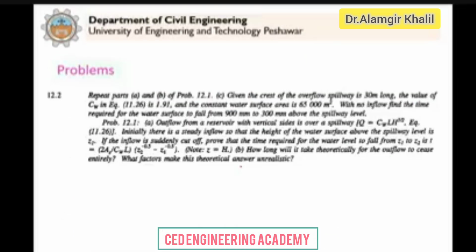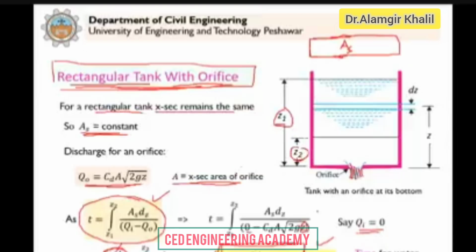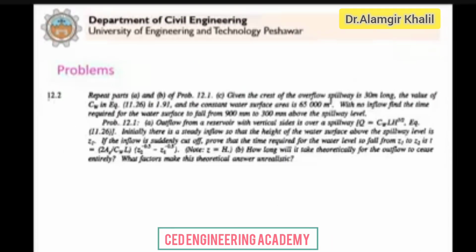So now let us take one or two problems to understand how we can apply these concepts to solve unsteady flow problems. This is a problem from our textbook, problem 12.1. Part A of the question: outflow from a reservoir with vertical sides is over a spillway, Q equals C_W L H^(3/2).